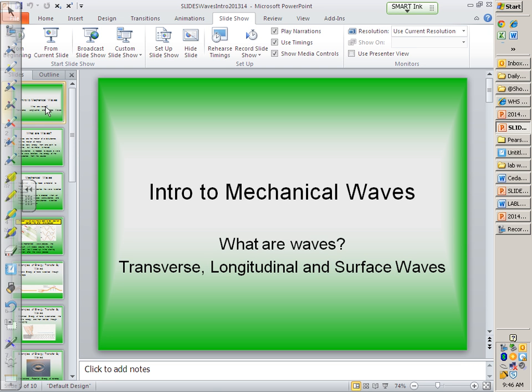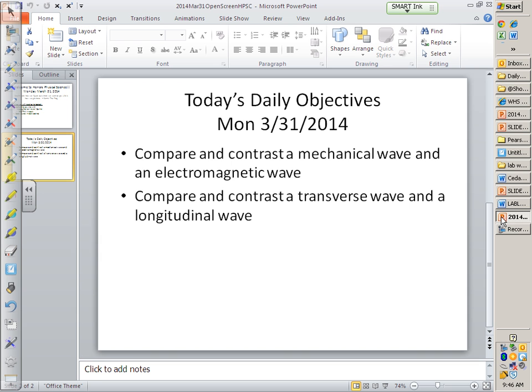Okay, let's discuss. So first objective says compare and contrast mechanical waves and electromagnetic waves. Let's do the comparison part first. What makes mechanical waves and electromagnetic waves similar to one another? They both carry energy, right?